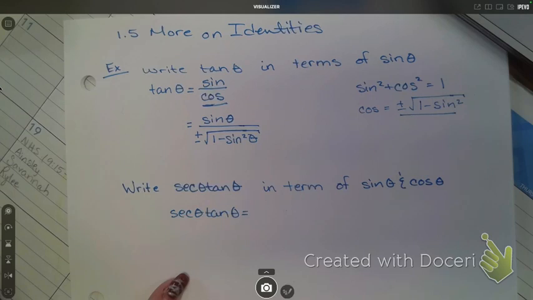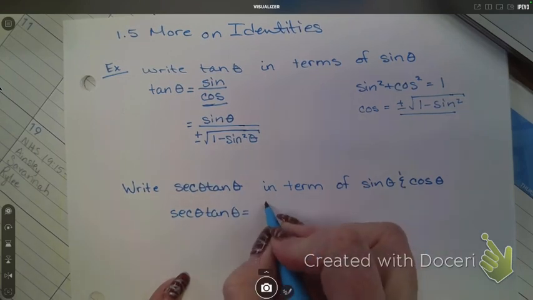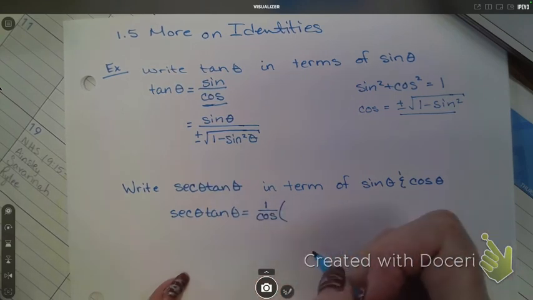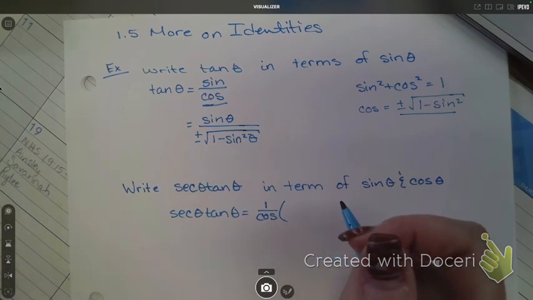Oh, I skipped a page. So like we're doing it for sine and then we're doing it for cosine? No, you can have sine and cosine in the answer. Secant is 1 over cosine. Does that make sense? You can have sine and cosine in your answer. And what's tangent? Sine over cosine.